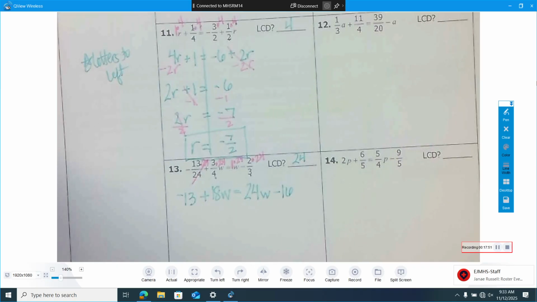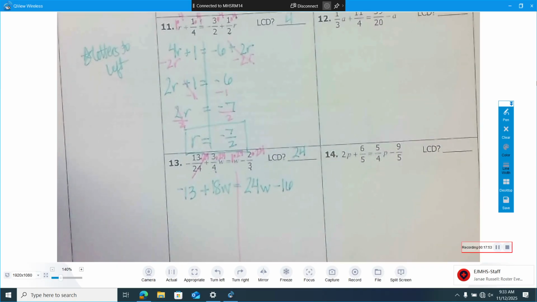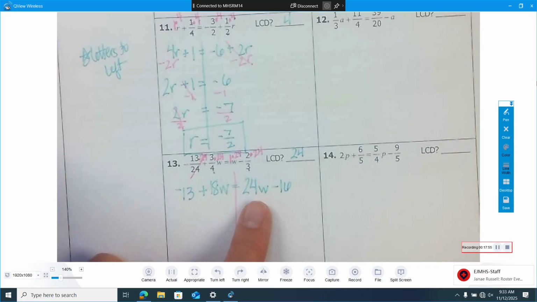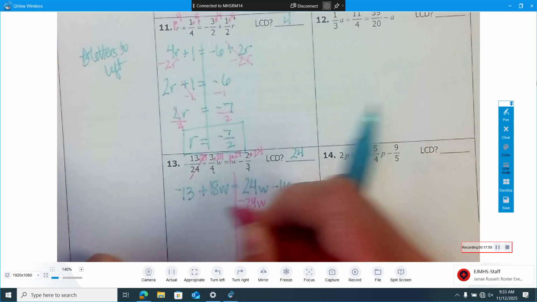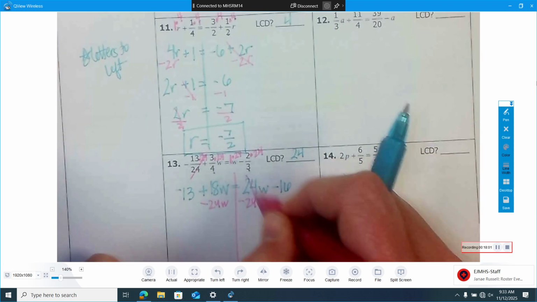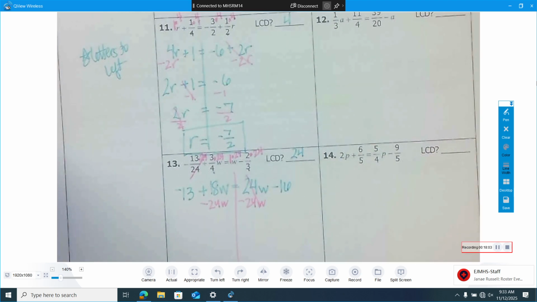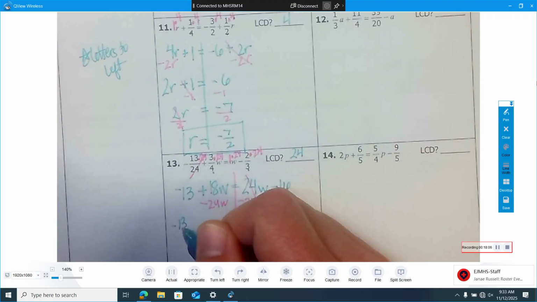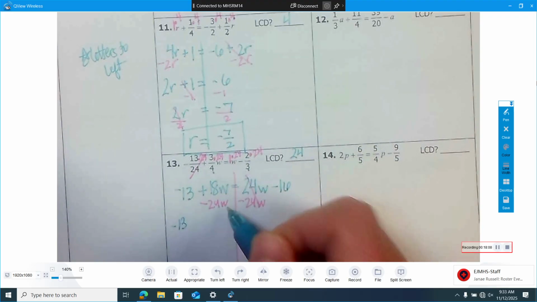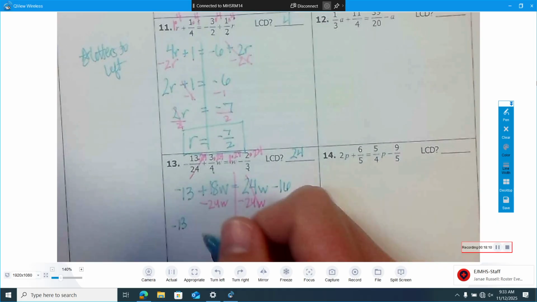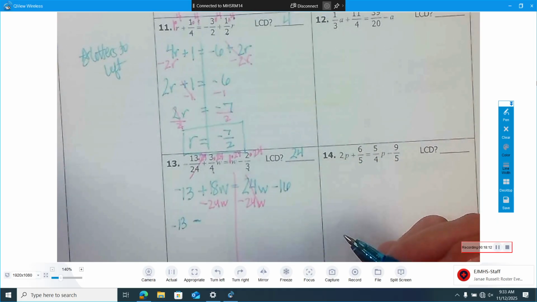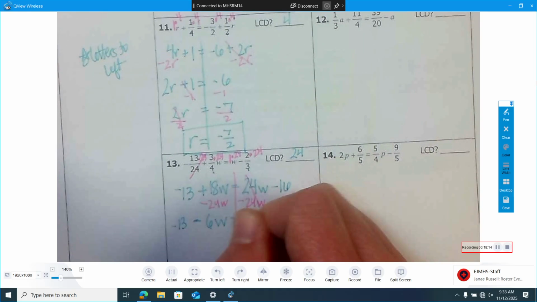All right. Again, we're solving. We want all the letters to the left side. So I got to move this 24W. We're going to subtract 24W. Let's see. So I have negative 13, positive 18, and a negative 24. The negatives win by 6. All right.